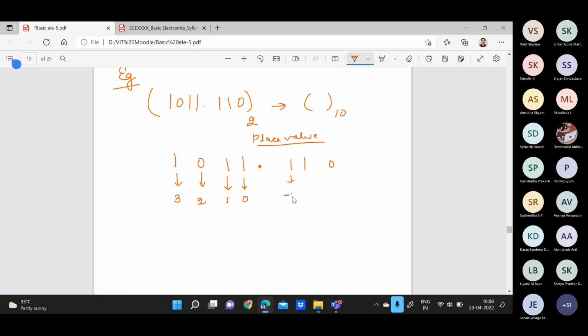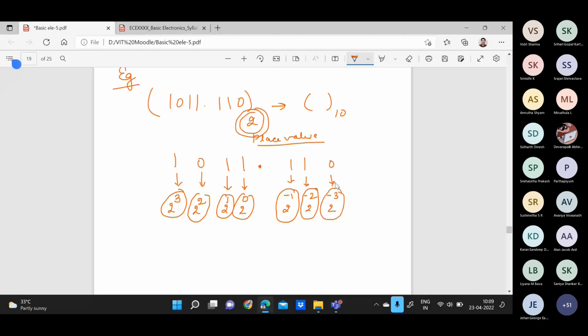So it is -1, this is -2, this is -3. Now this is the base, so you can write 2, 2, 2, 2, 2, 2. That means 2 raised to power 3, 2 raised to power 2, 2 raised to power 1, 2 raised to power 0. Similarly, this is 2 raised to power -1, 2 raised to power -2, 2 raised to power -3.